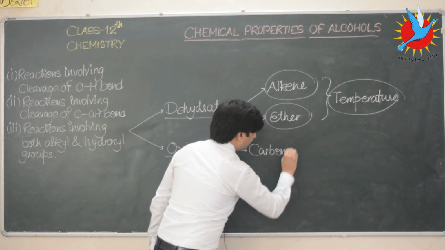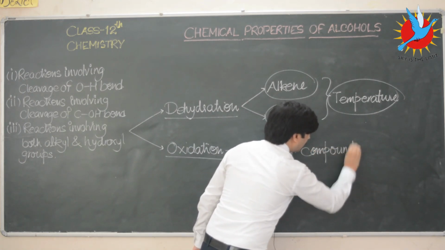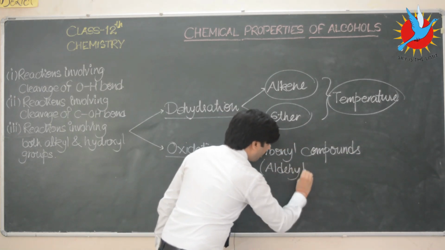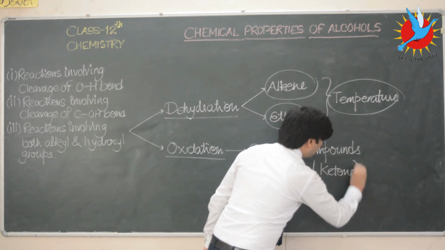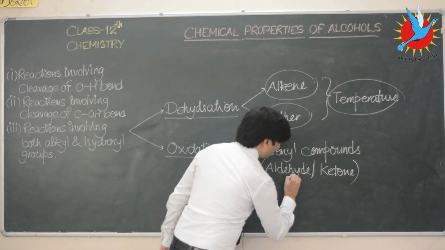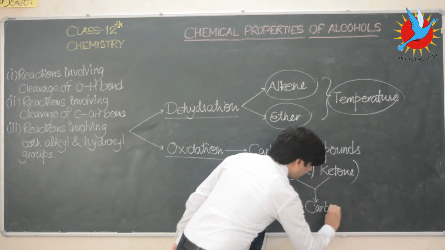And upon oxidation, alcohol forms carbonyl compounds like aldehyde or ketones, and these aldehyde or ketones upon further oxidation will form carboxylic acid.